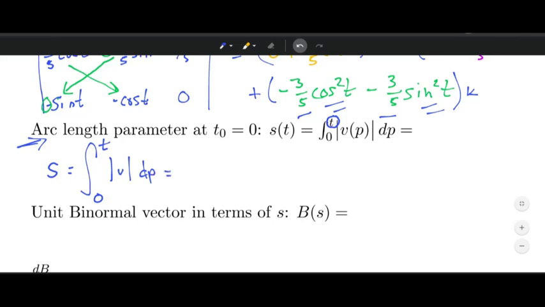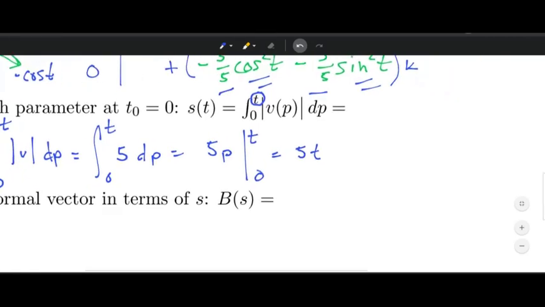So this is the integral from 0 to t of our magnitude of v, which was 5, dp. If we integrate 5, we get 5p evaluated from 0 to t. So this is just 5t.